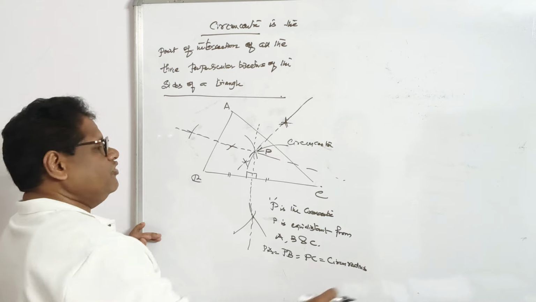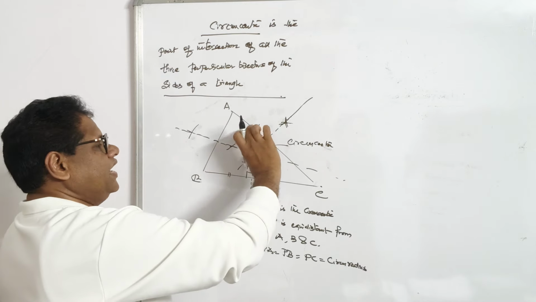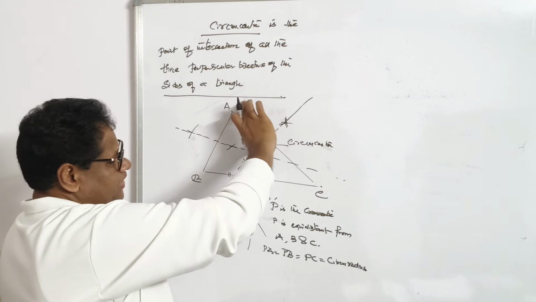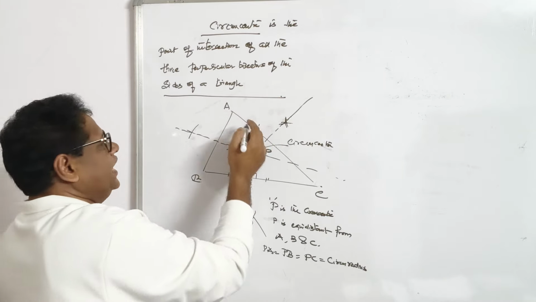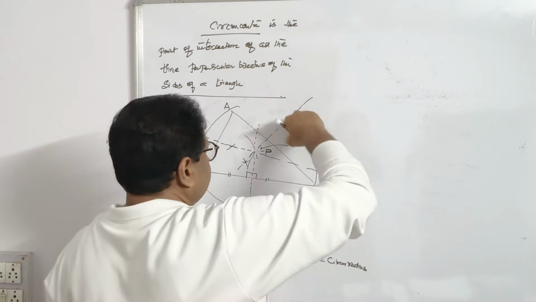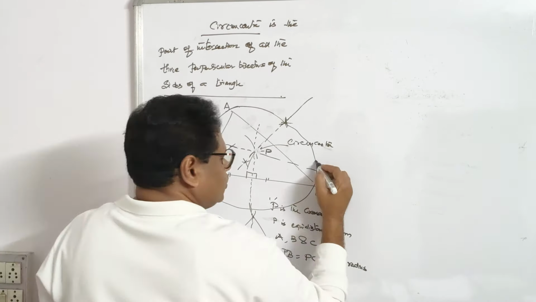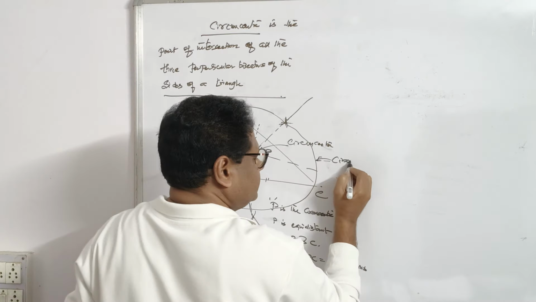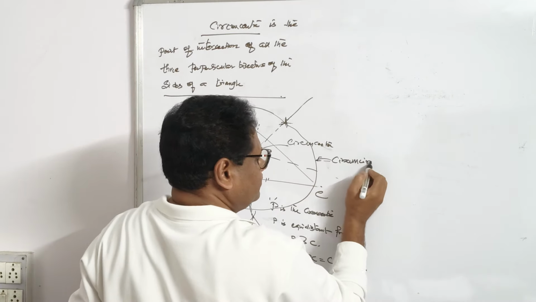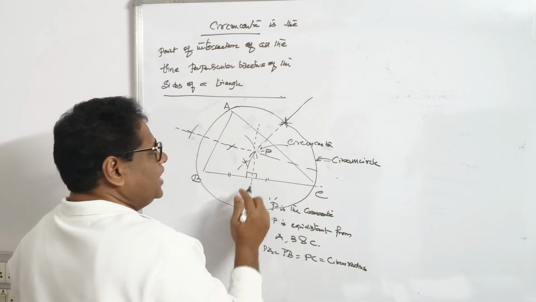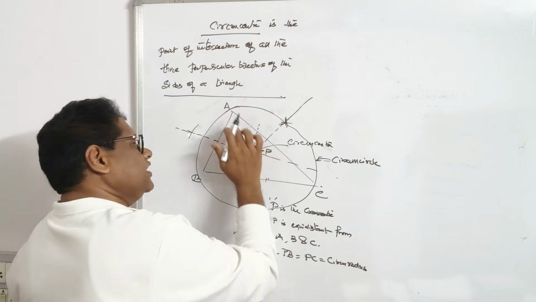That means if you take P as the center and radius equal to PA, and if you allow this to pass through all the three vertices, it will describe a circle like this, and this is called the circumcircle. This is the circumcenter, and this is the circumradius.